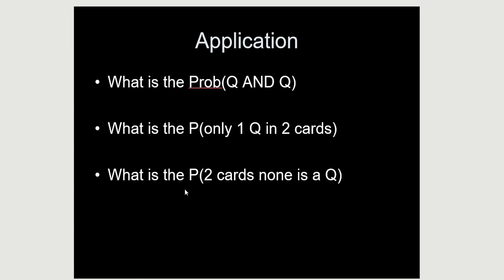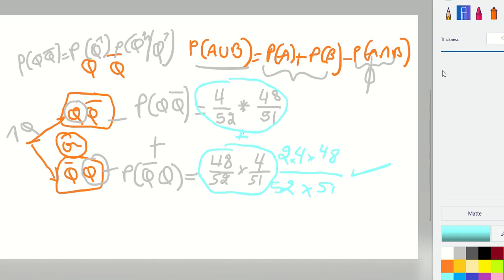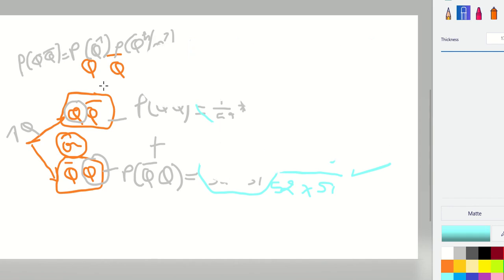The last example is, what is the probability that both cards are not queens? Okay, so we go back to our drawing board. Okay, let's see if we can get it right.